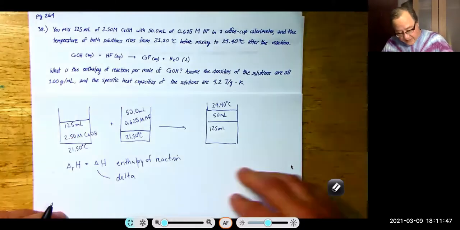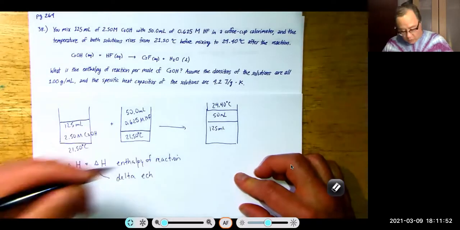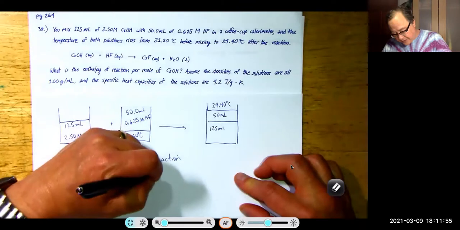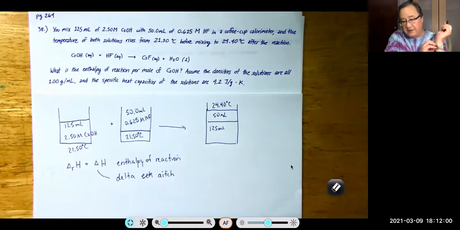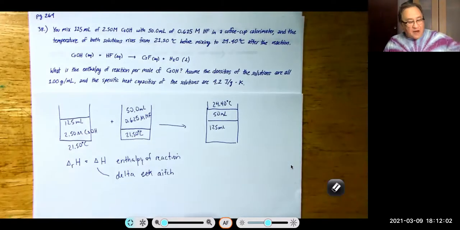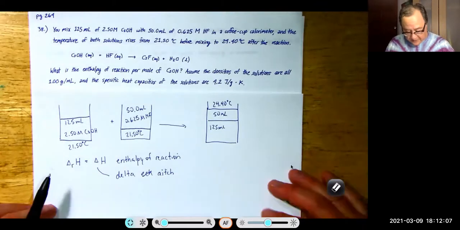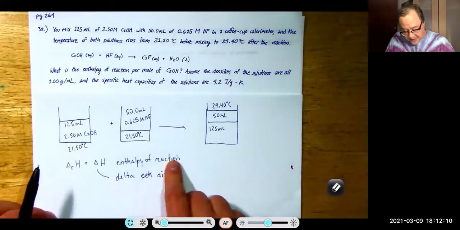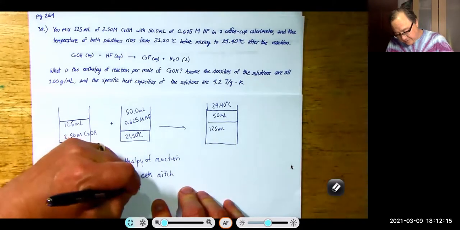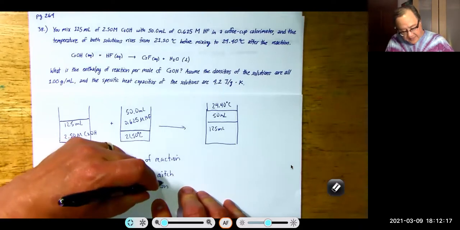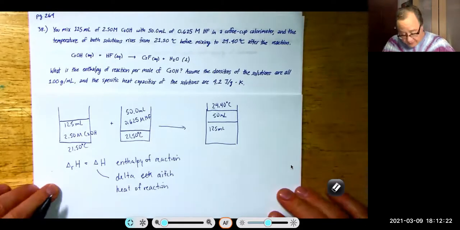I know you may find it weird that I'm spelling out a letter, but dictionaries do that. Enthalpy of reaction, delta H, is sometimes called a heat of reaction. So this has a lot of names, and it is the heat change associated with the reaction.